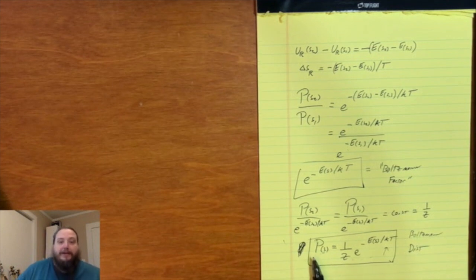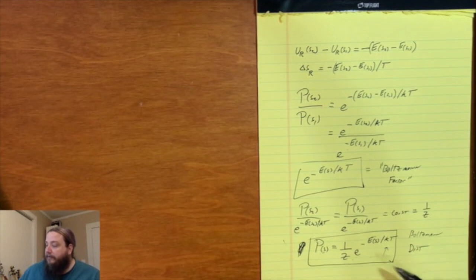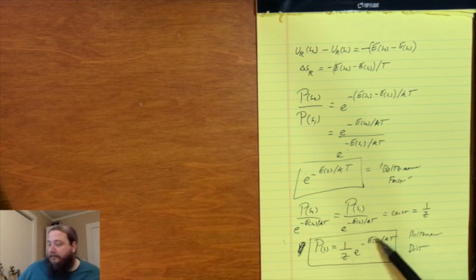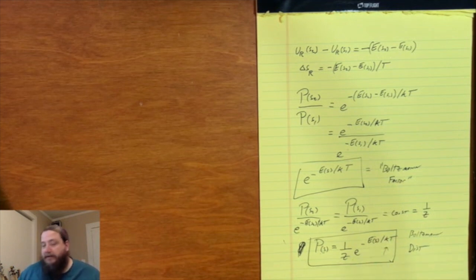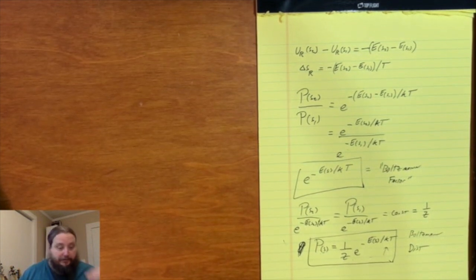The probability of finding yourself in that state is going to be very, very low. Whereas if we take the energy level to be very, very low, much lower than kT, then we don't have that suppression of the probability distribution.